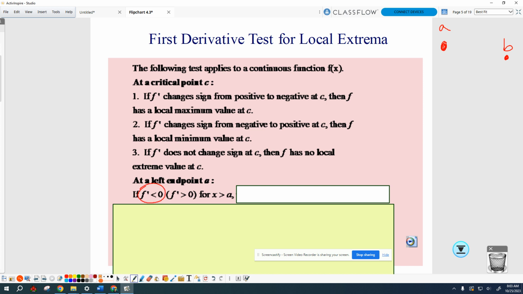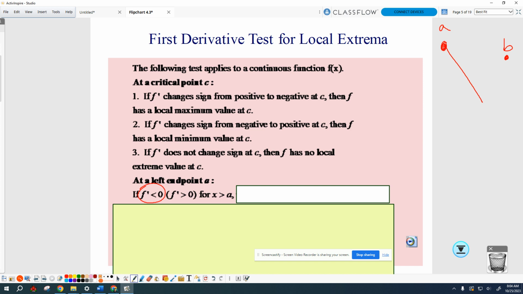What does that mean? Is the slope positive or negative? Negative. So I'm coming from the left endpoint, and I'm going to have a negative slope. So how do I draw the line? Going down. So is the left endpoint going to be a maximum or a minimum? A maximum. So don't memorize it, draw it.